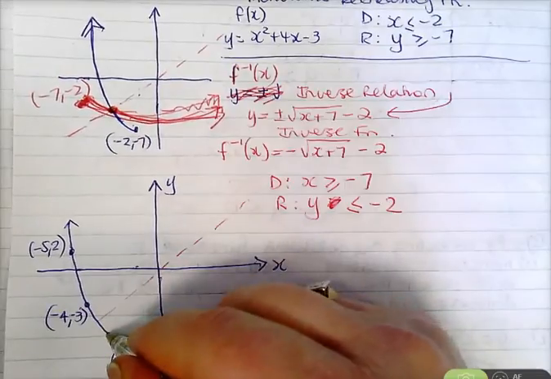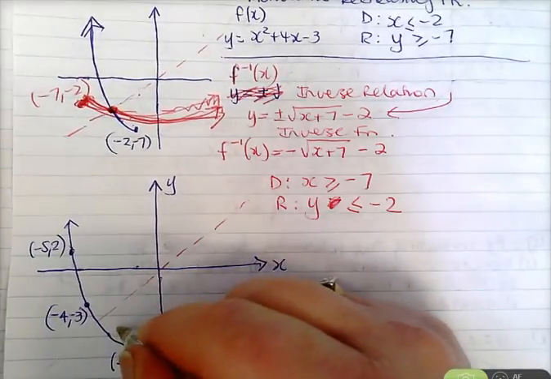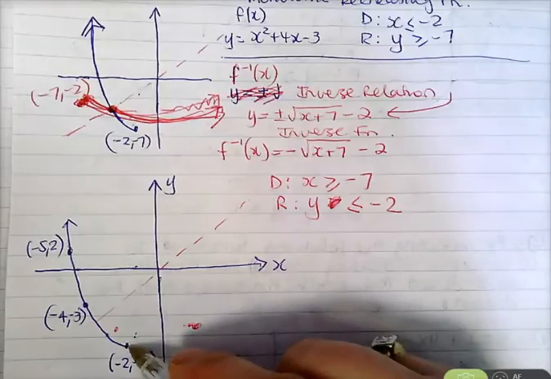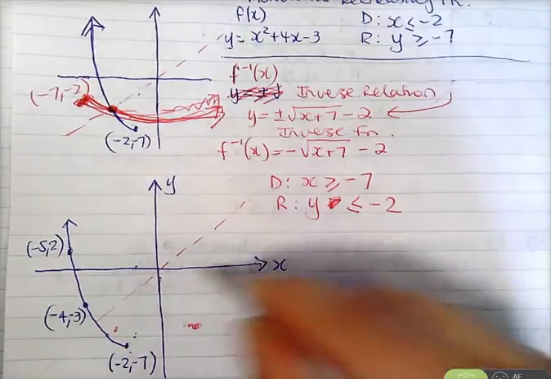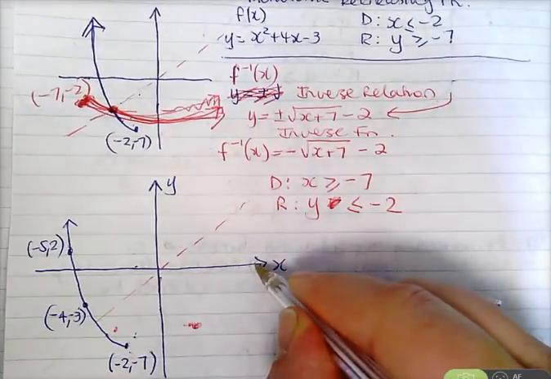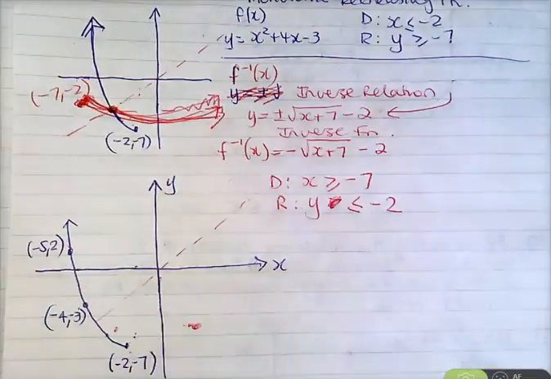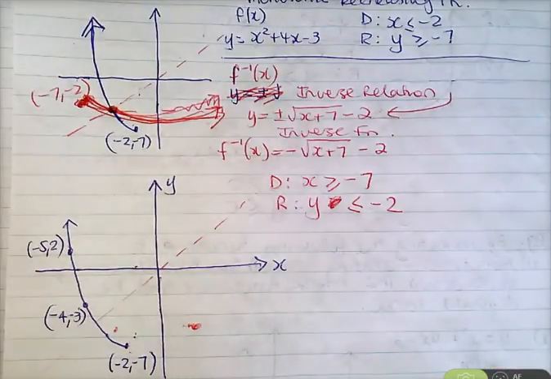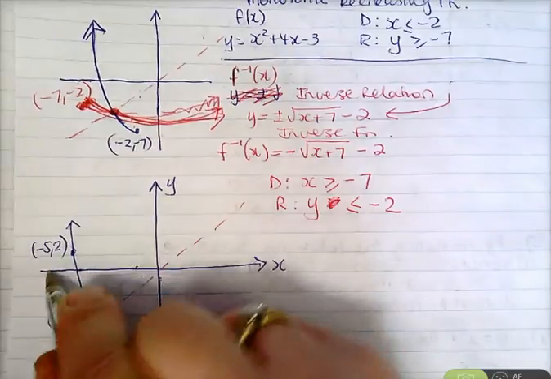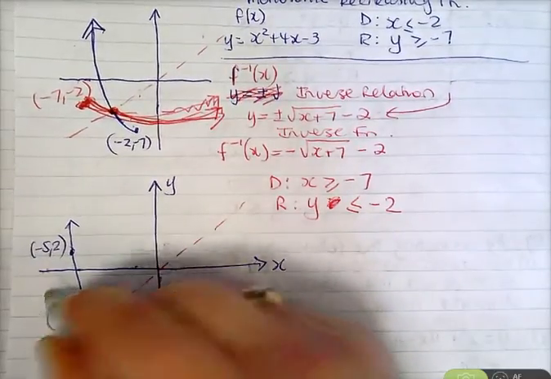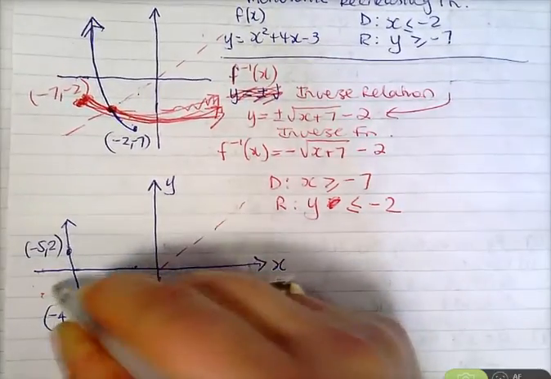And of course, I haven't drawn this very well again. And -2, -7 will be -7, -2, roughly here.